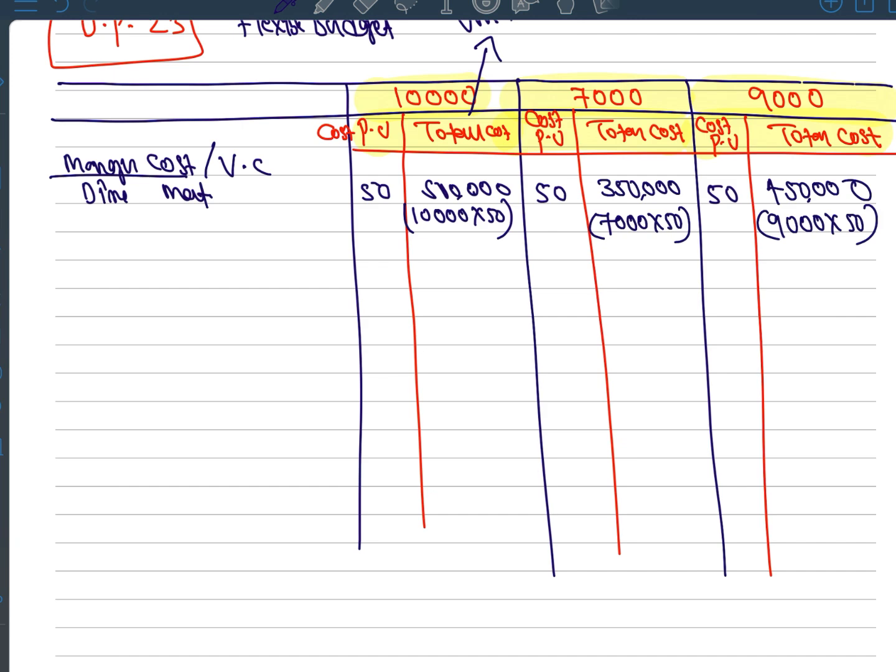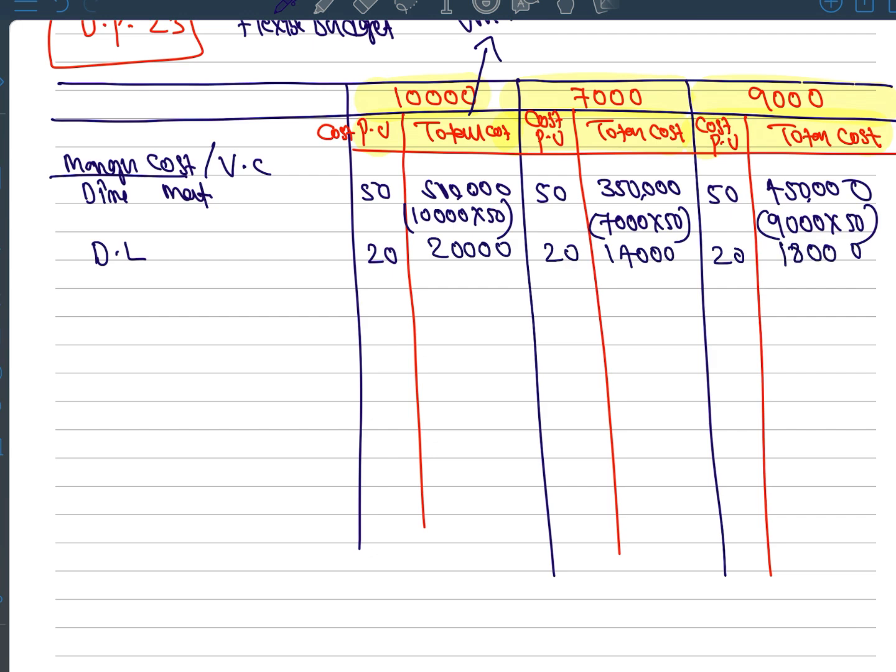Next one, direct labor. This also follows the same pattern. It is a variable cost. Variable cost per unit will not change. So 20 into 10,000 is equal to 2 lakh. 20 into 7,000 is equal to 1 lakh 40,000. 20 into 9,000 is equal to 1 lakh 80,000.